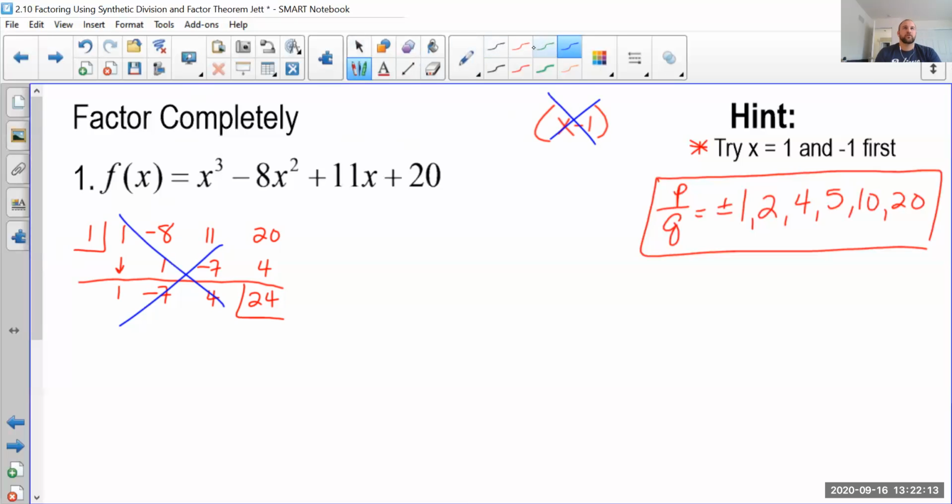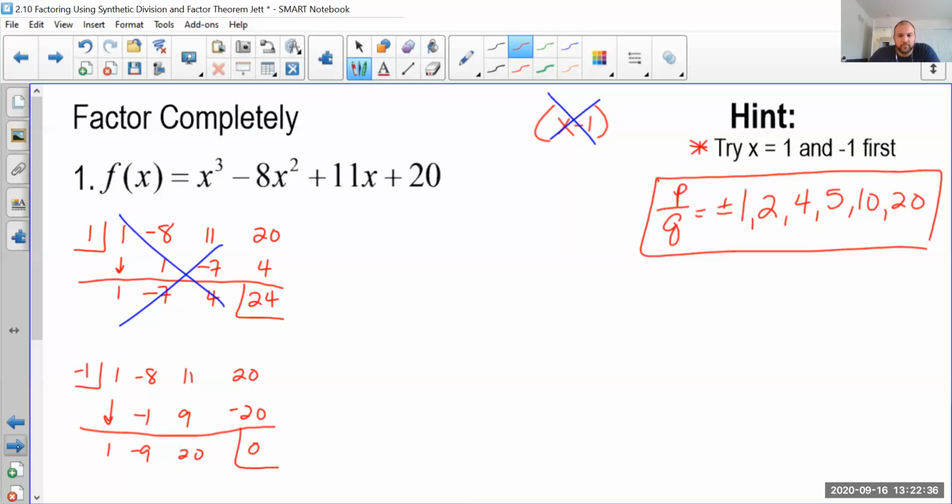Okay, so now I'm going to do that process again. This time I'm going to try -1. So 1, -8, 11, 20. Is -1 a solution to this problem? Yes.